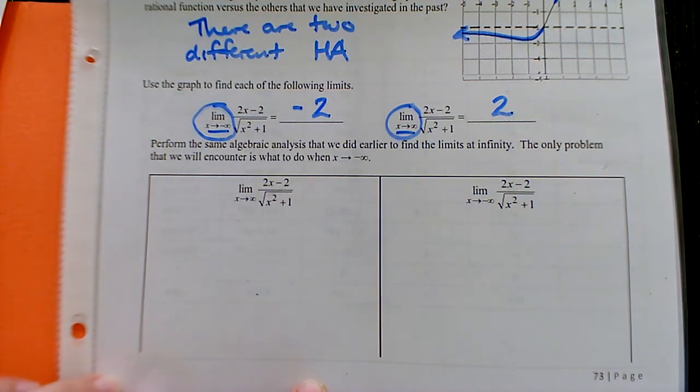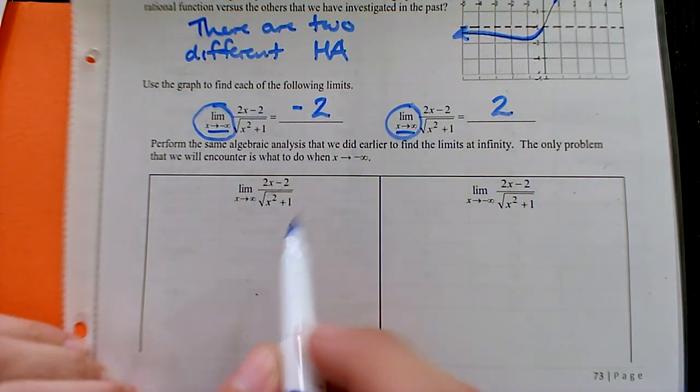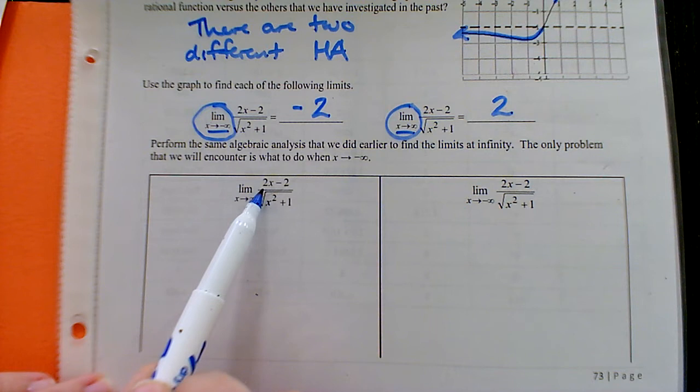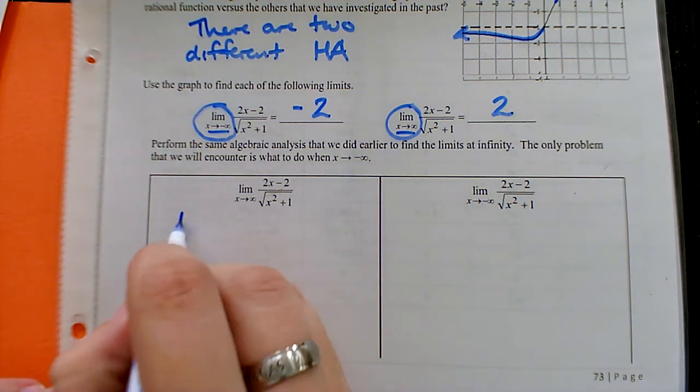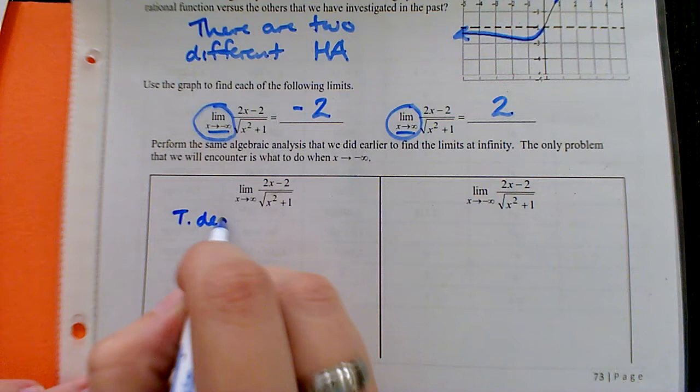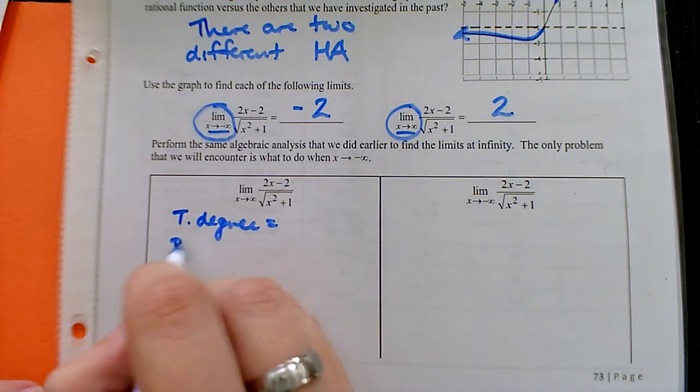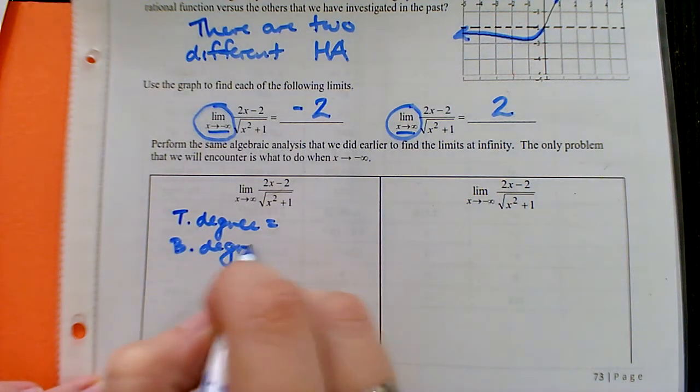How could we still get those same values? So if we think about this, what is the degree of the top versus the degree of the bottom? If you seriously think about the highest exponent, can we figure out the top degree and the bottom degree?